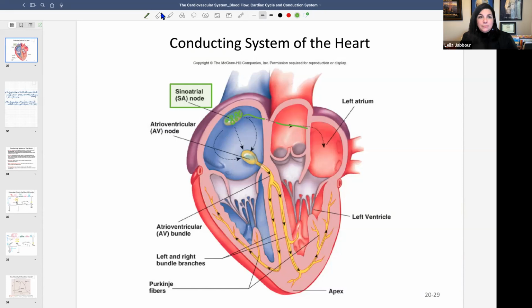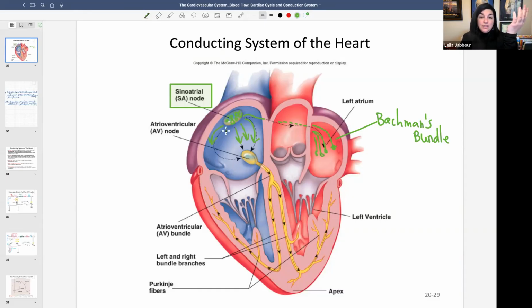So this is behind. Let's do this. We call this the Bachmann's bundle. These branches are meant to go stimulate the cells of the left atrium, because the SA node is on the right side.